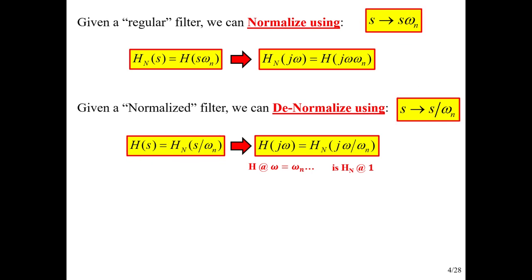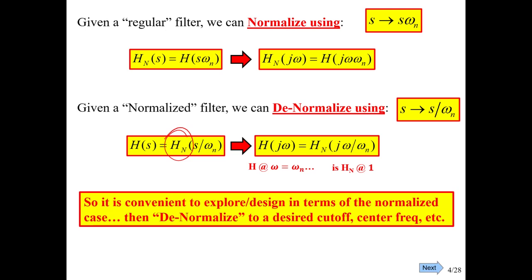Or, as I said, we often start with the normalized filter as taken out of a table in a book, perhaps, and then we can denormalize it to whatever we want. So it's just a convenient little trick, and it shows up from time to time, so I wanted to touch on that here. And some of the results that I show in this note set will be for normalized filters.